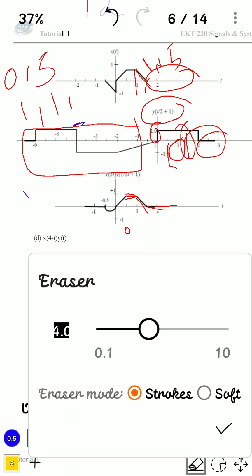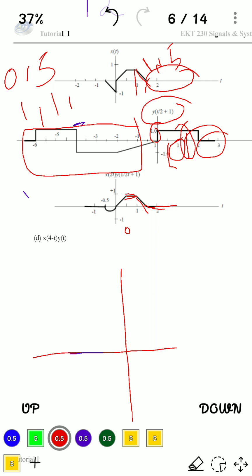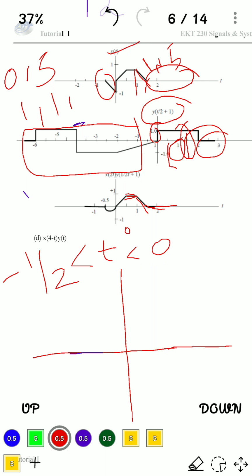For the case of 0.5 to 0, that is, for minus 1 by 2 less than t, less than 0, you can see that for this particular signal, x of 2t is not equal to 0, and y of 2t by 2 plus 1 is also not equal to 0.